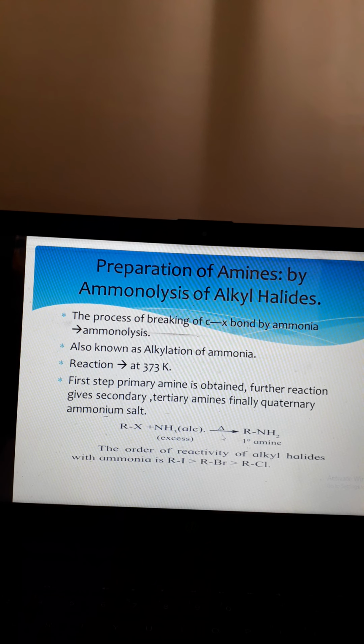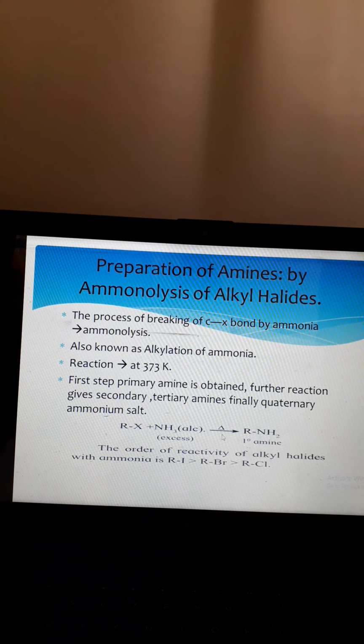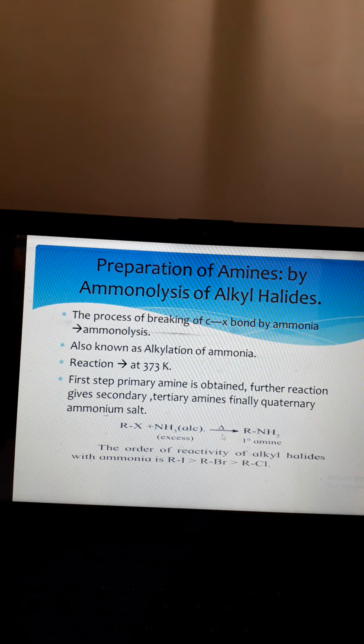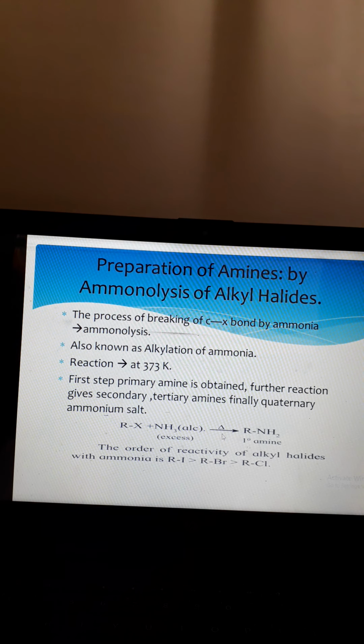If the reaction is carried out further, we get the secondary amine, and again if the secondary amine is treated with alkyl halide, we get the tertiary amine, and finally in the last step we get the quaternary ammonium salt. So in the ammonolysis method, step by step we get all the types of amine: primary, secondary, tertiary, and at last the quaternary ammonium salt.